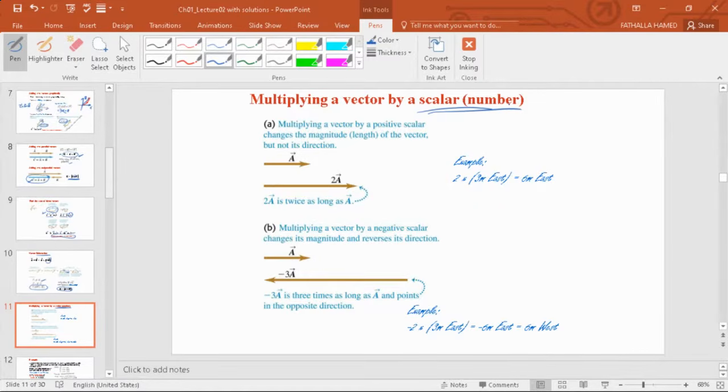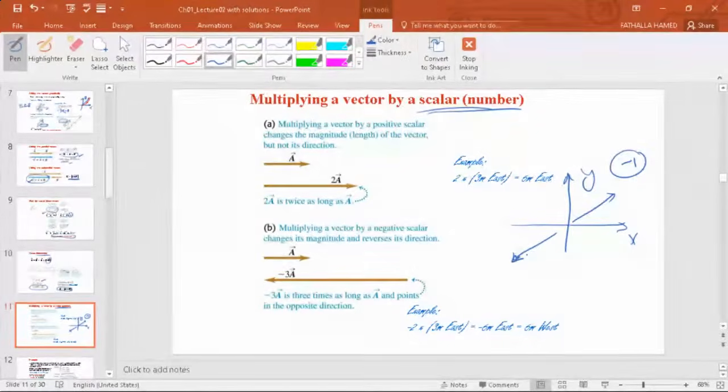So for example, if you have your x-axis this way, and you have a vector here, if you multiply this vector by -1, you will get this vector here. Because you multiply x by a negative, x here is positive, x here will be negative. You multiply the y with negative, the y here is positive, the y here will be negative, and that will be basically the resultant vector.